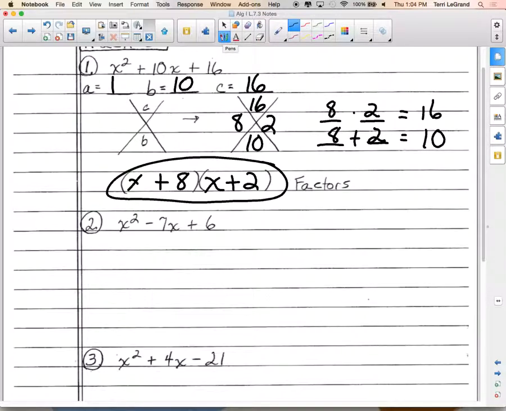Now, go up to the side somewhere and do either the FOIL or the rectangle or whatever you do, but you are going to have to do check problems today. So you do them. Tell me if we're right.